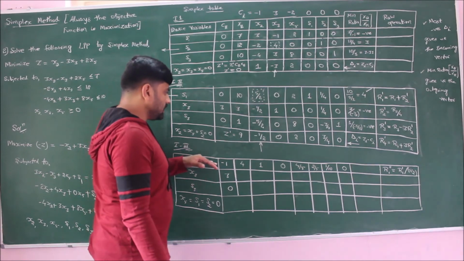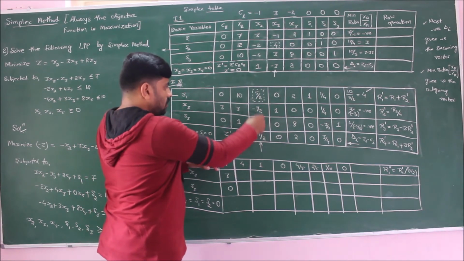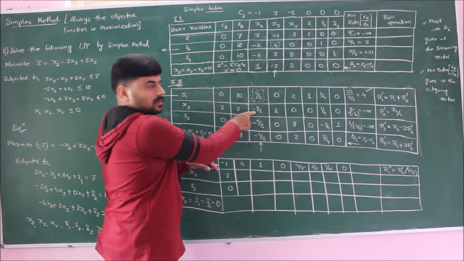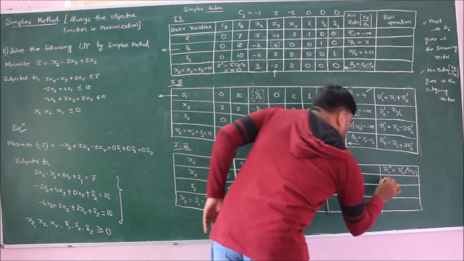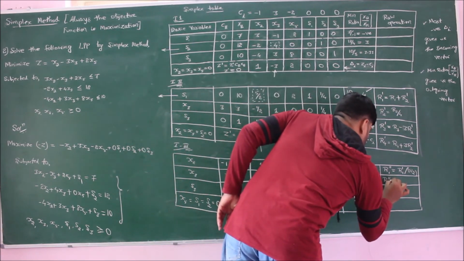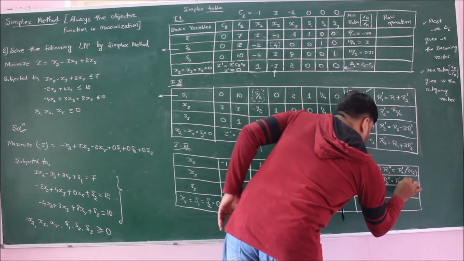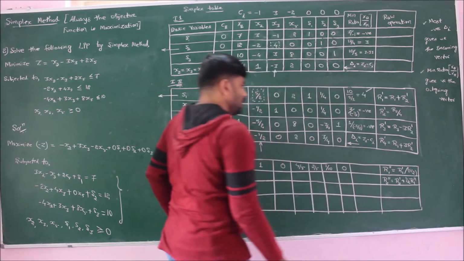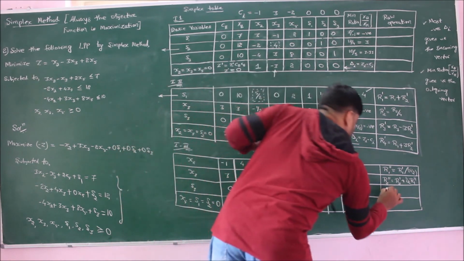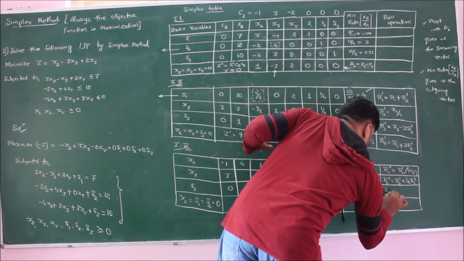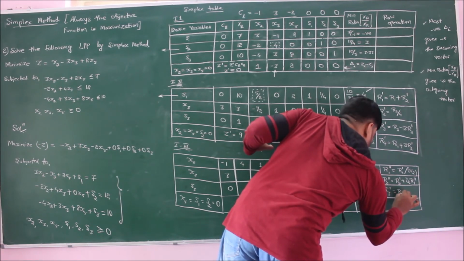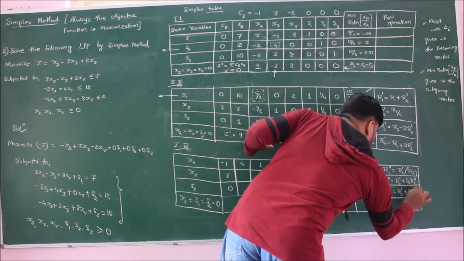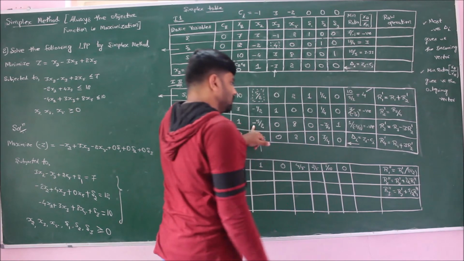Now using this I should make the values of the elements present below the key element as zeros. So here I have -1 by 2, I should make it as 0. So therefore row 2 double dash will become row 2 dash plus 1 by 2 row 1 double dash. Similarly here I have -5 by 2, so therefore row 3 double dash is equal to row 3 dash plus 5 by 2 row 1 double dash.